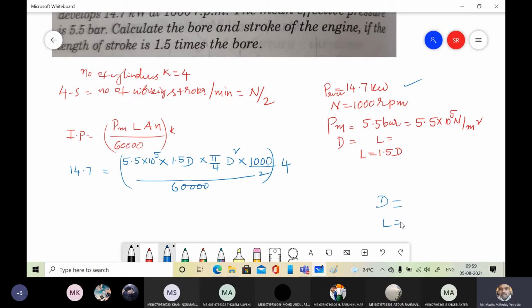Yeah, what is the value of D? Sir, I got 0.087. Yes, very good. 0.087 meter. Then what is the L value?